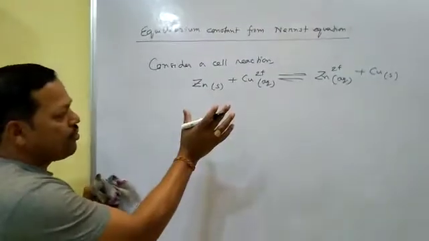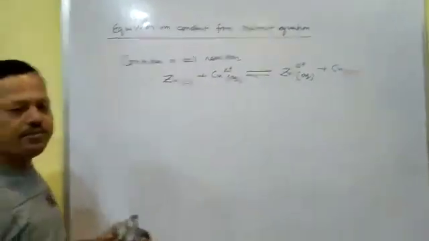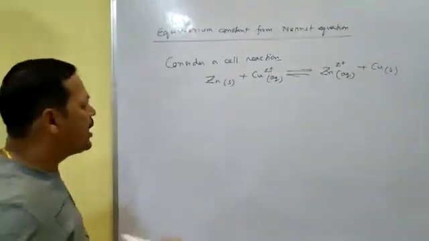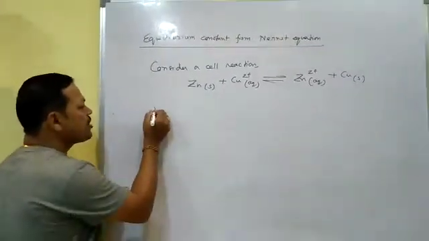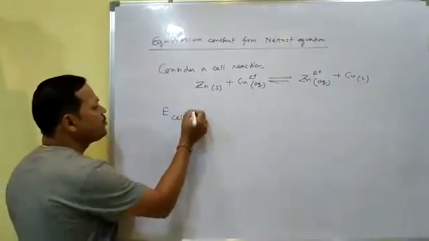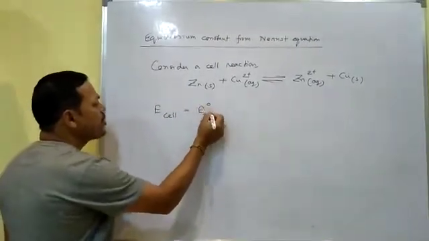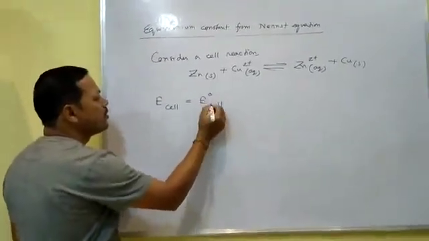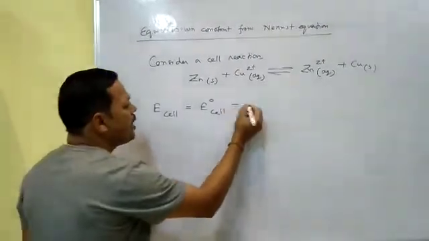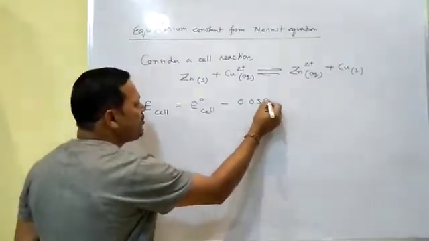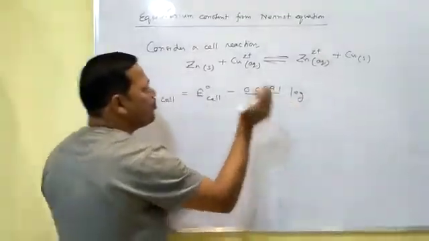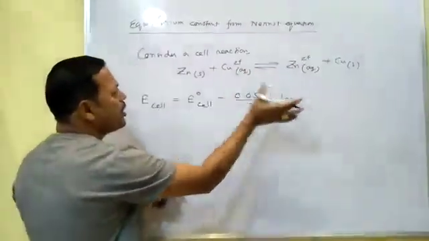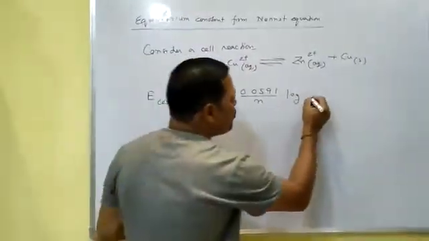So if this equation is at equilibrium, then if you apply the Nernst equation, as you know, Nernst equation is E cell is equal to E naught cell minus 0.0591 divided by n log of multiplication of the concentration of product divided by multiplication of the concentration of reactant.